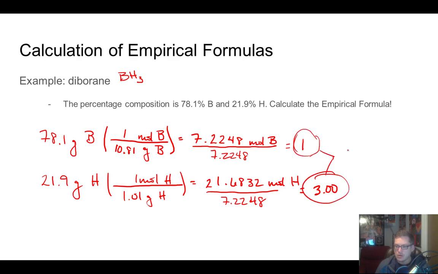These numbers are the subscripts of your formula. So this says we have 1 boron, so B1, but we don't write the 1s, remember that. And the 3 says we have 3 H's, so it would be BH3. That's our empirical formula for diborane.